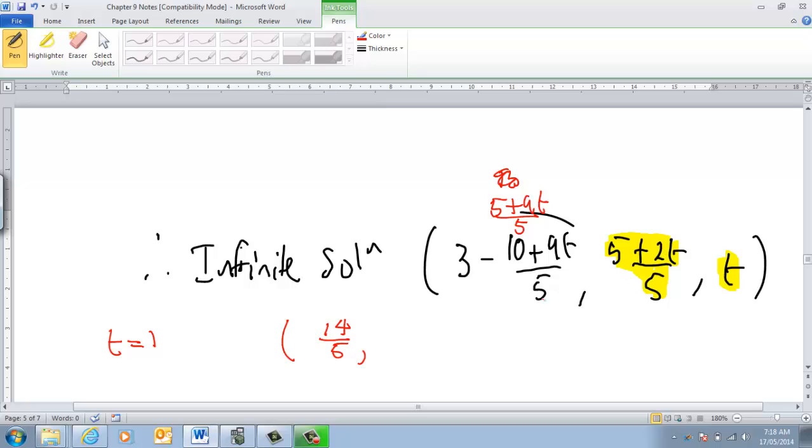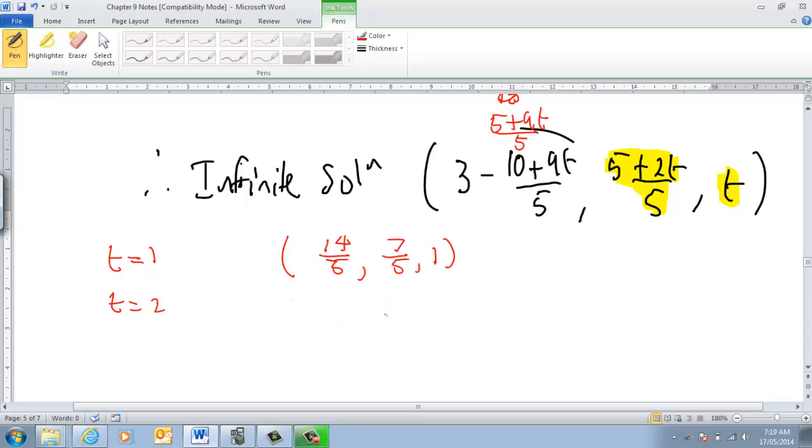This one here would be 5 plus 2 is 7 on 5. And then that would be 1. Now we can make t equal to 2 and do the same sort of thing. We can make t equal to -7. We can make t equal to 1,000. T could be equal to 0 in this case. So t could be any value, so that's why we have an infinite number of solutions.